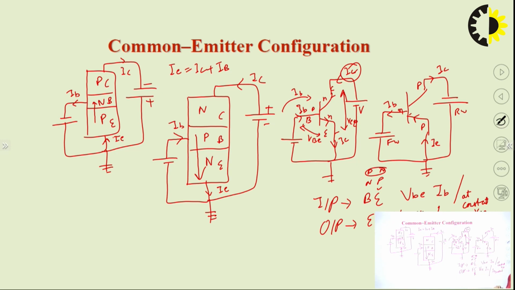When we plot the input characteristics in the common emitter configuration, they will be plotted between VBE and IB, while keeping the VCE potential constant. And the output characteristics will be plotted between VCE and IC, and IB will be kept constant. So we have to keep this in mind for designing the input and output characteristics.